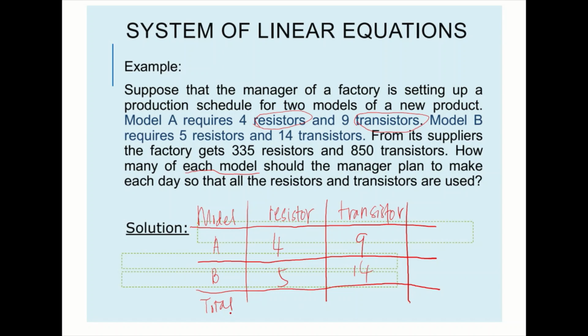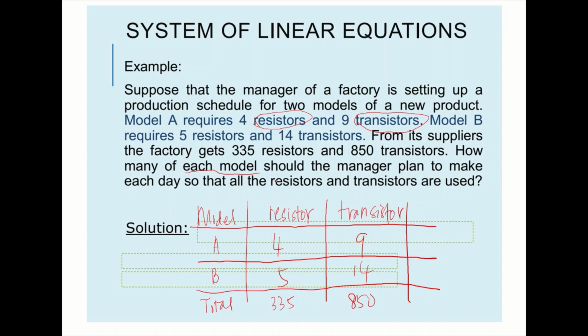For total, the resistor they get from the supplier will be 335 and 850. Assume that this is the supply they get each day.